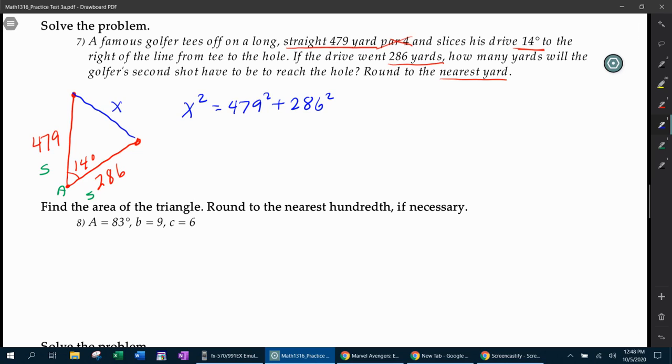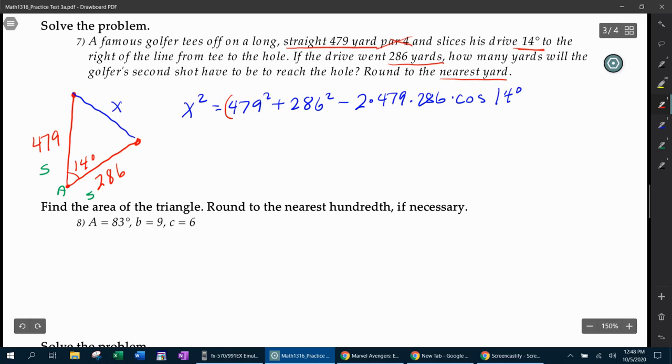So you're going to square and add the 2 adjacent sides, and then you're going to subtract 2 times those sides multiplied times the cosine of the angle between them. That is the way the law of cosines sets up in this case for a side angle side. And then once we calculate all of this, which we can do all at one time, we'll need to take the square root and get x.